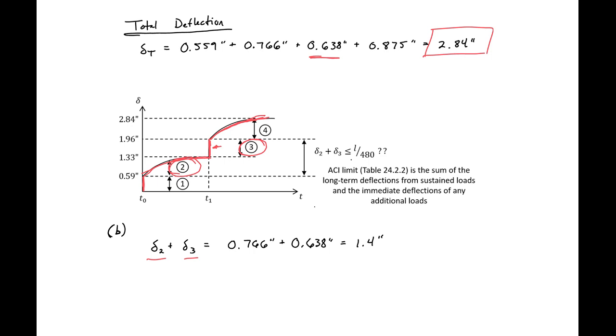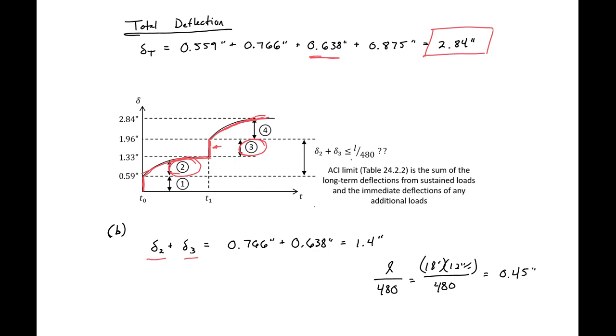Now we'll compare this to our L over 480 limit. So our L here is 18 feet times 12 inches per foot divided by 480, which in this case is going to be 0.45 inches.